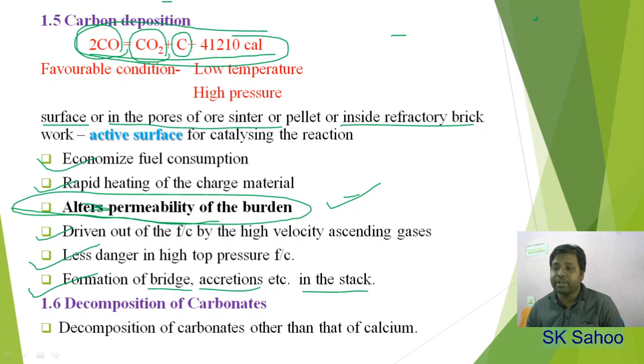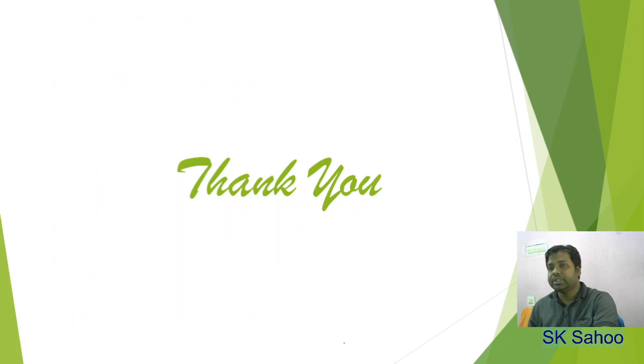So except the calcium, other carbonates will be decomposed within this region. That means the MgCO3 in the dolomite will be decomposed, but the calcium carbonate will not be decomposed within this region.